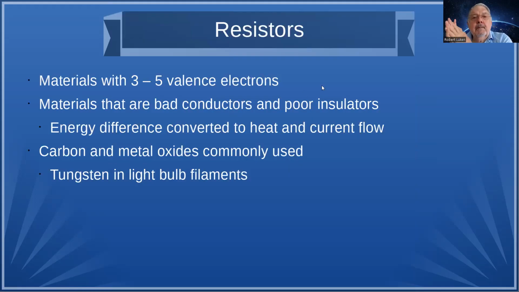So when we talk about resistors, those are materials that have 3 to 5 valence electrons. So your semiconductor stuff is kind of in the middle of that too. These are materials that aren't very good conductors, but they're not very good insulators.